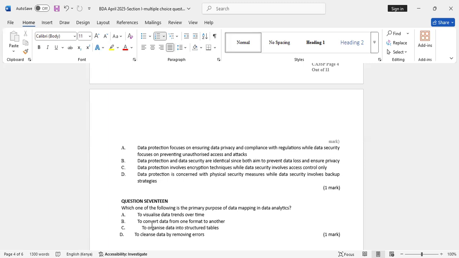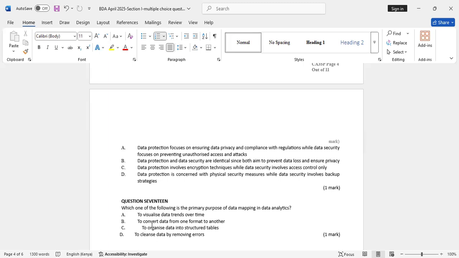C, data protection involves encryption techniques, while data security involves access control only. No, you can't limit data protection to only encryption. Data protection is more than encryption, and even data security is more than access control only, because it says only.